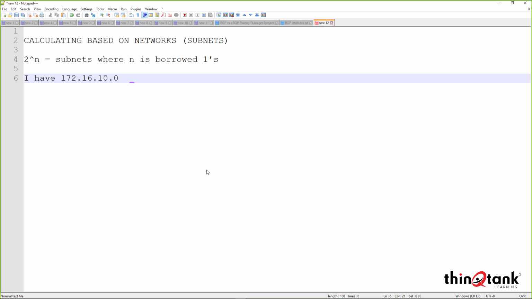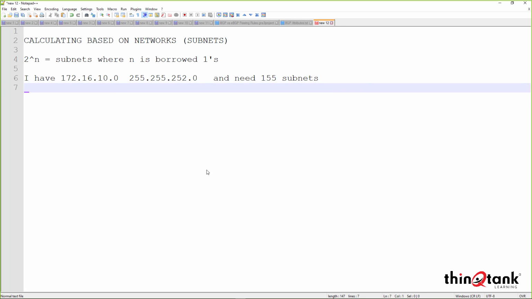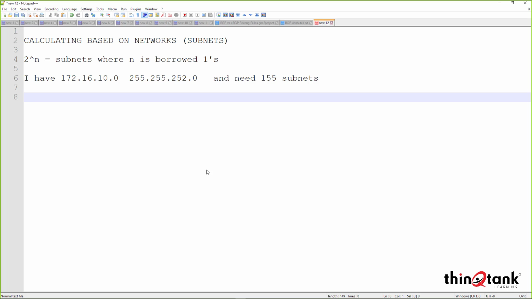So I have 172.16.10.0 with a mask of 255.255.252.0. And I need 155 subnets. 2 to the power of n has to be greater than or equal to 155. 2 to the power of 7 is 128. 2 to the power of 8 is 256.